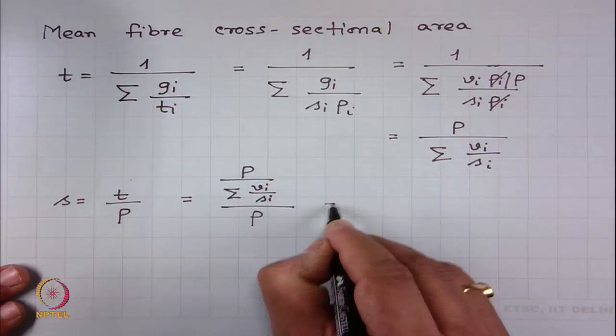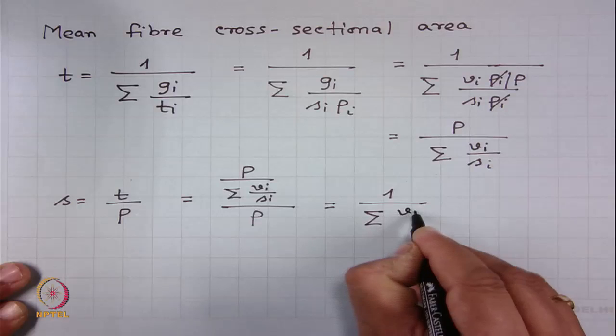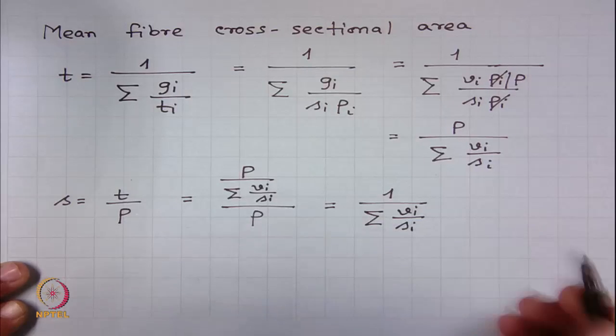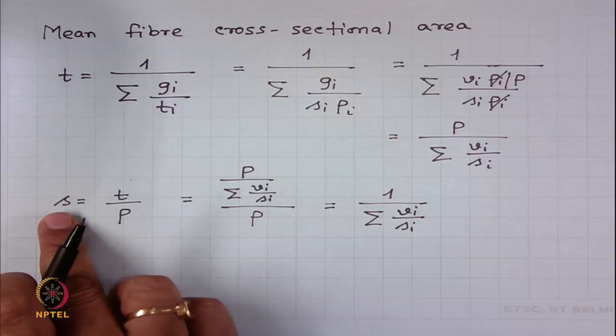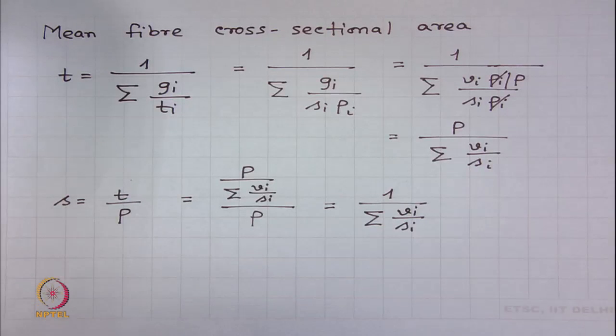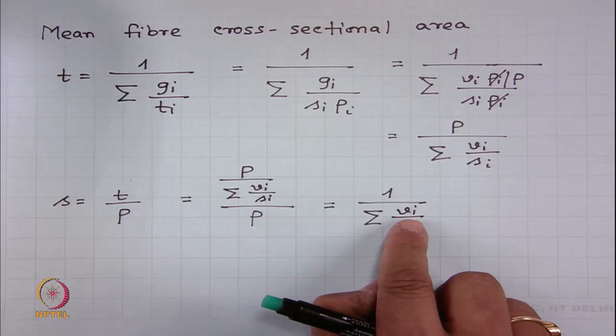What we will have is 1 by summation volume fraction by SI. So, here again the mean fiber cross sectional area is equal to the harmonic mean of the individual components cross sectional area weighted by the volume fraction, not by the mass fraction.